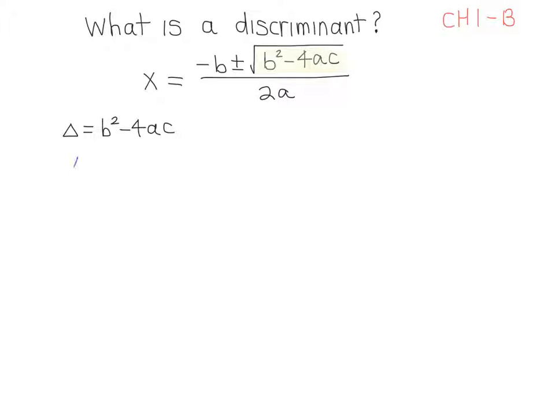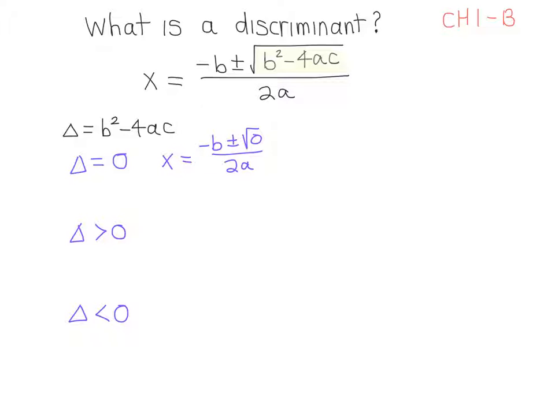We're going to consider three cases for delta: when delta, the discriminant, is equal to 0, when delta is greater than 0, and lastly, when delta is less than 0. When discriminant is equal to 0, we have x is equal to negative b plus minus square root of 0 over 2a.